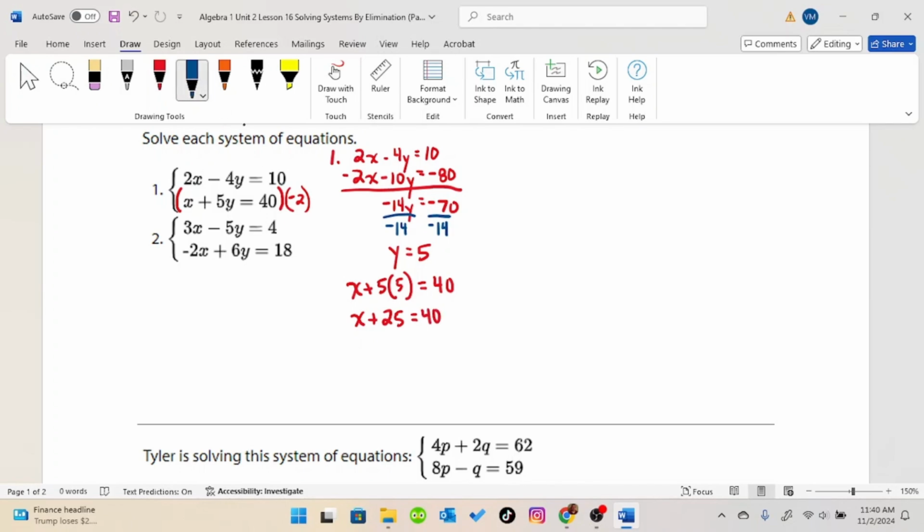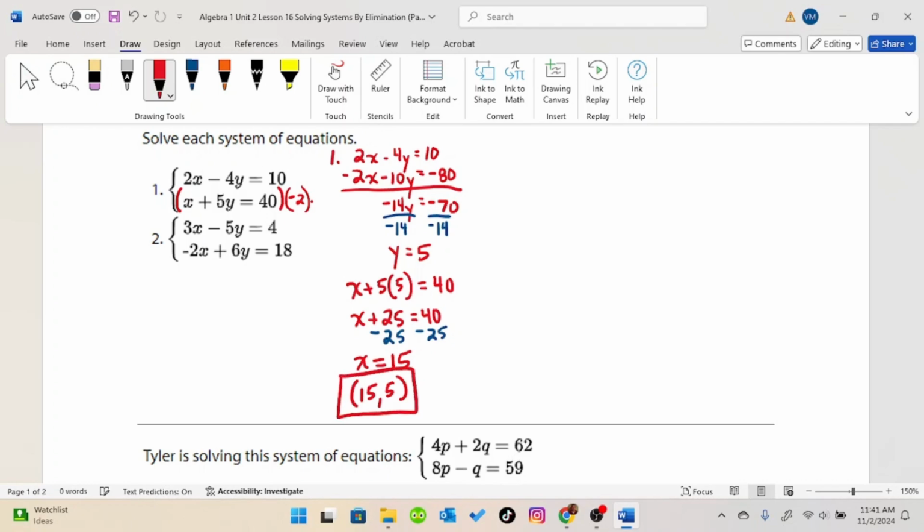And the opposite of adding 25 is subtracting 25. So we're going to do that to both sides. Now, we have x. 25 minus 25 is 0. And 40 minus 25 is 15. So the overall answer is that x equals 15 and y equals 5.